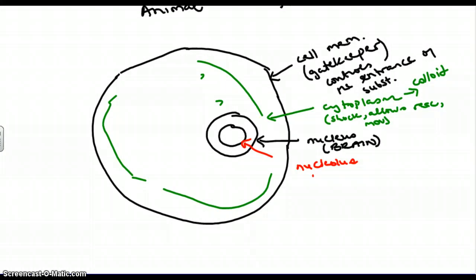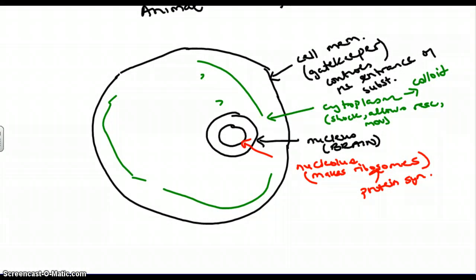We'll discuss ribosomes later, but they are used for protein synthesis. So ribosomes make proteins, and they're coded for within the nucleolus.